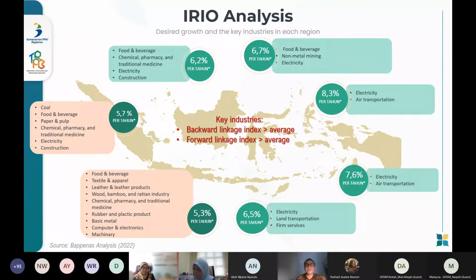We have some industries with potential in backward linkage index but not in forward linkage, and the other way around. Industries that meet both criteria are usually only electricity and transportation. So this is the main challenge for us.